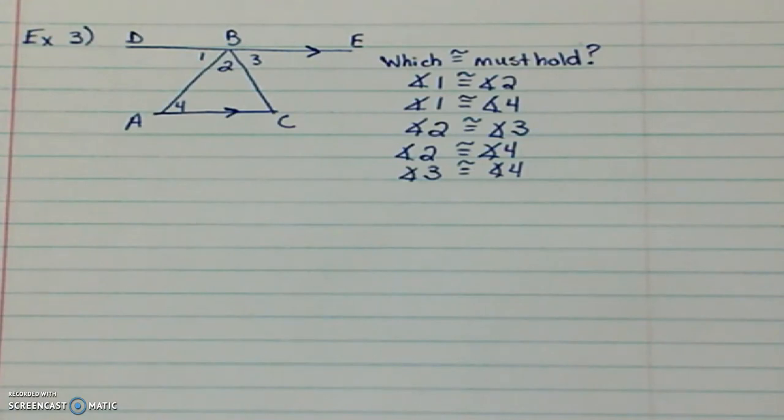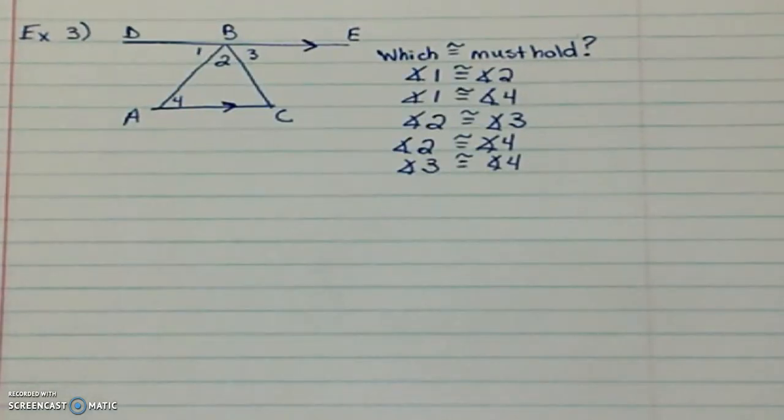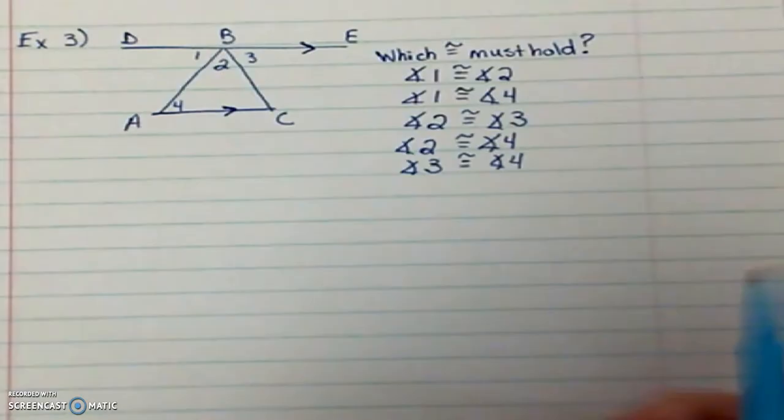Okay, another way they may ask you this question is they're going to give you a figure such as the following. They're going to say B happens to be on line segment DE, and then they're going to say DE is parallel to AC. Then they're going to ask you which congruency statement must hold, or must hold means which congruency statement is true.